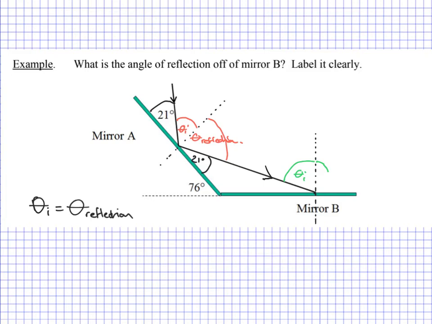It's going to be right here, so this is my reflected ray, which means this angle in here is the angle of reflection. There we go.